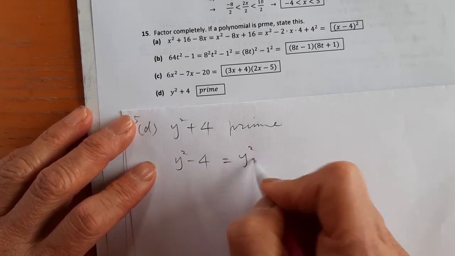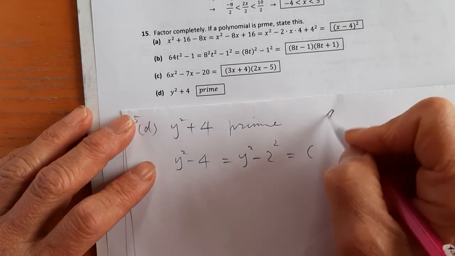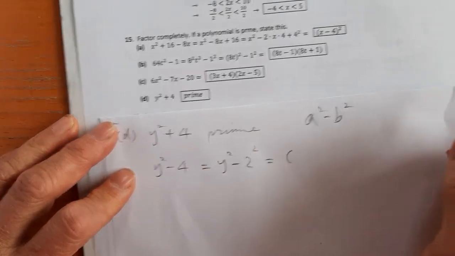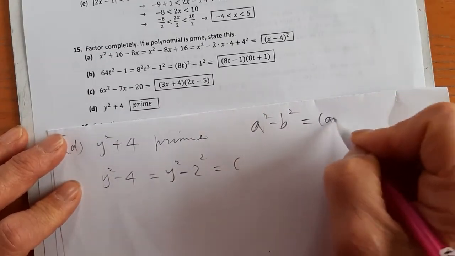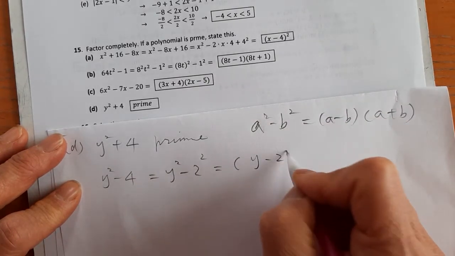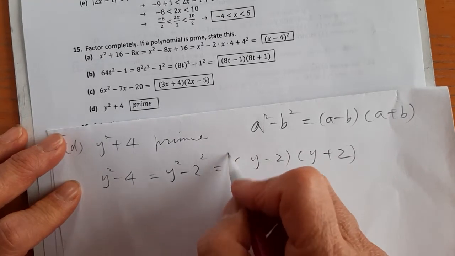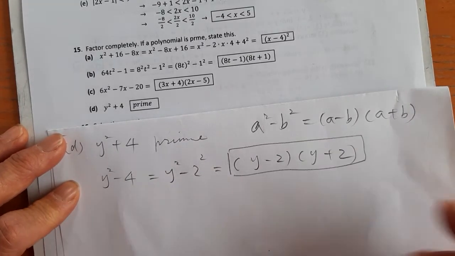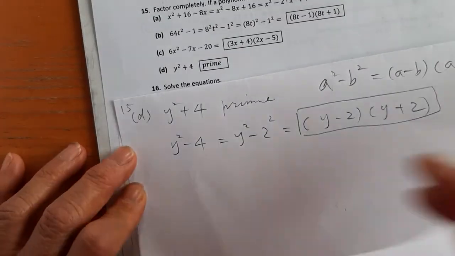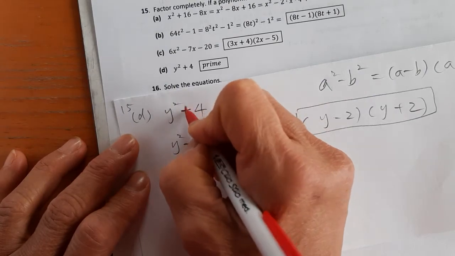It's y squared, and 4 is 2 squared. Factor by the formula a squared minus b squared, factor as a minus b times a plus b. So it's y minus 2 times y plus 2. You can put y plus 2 then y minus 2, either way. So if it's a minus, you can factor. If plus, it is prime. You cannot factor it.